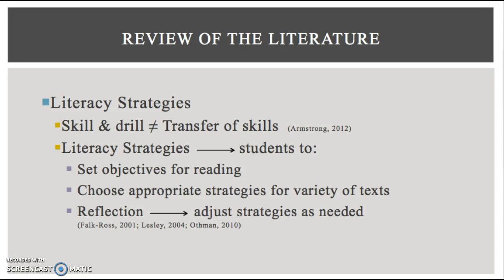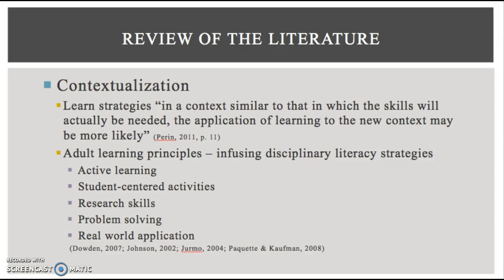So we know that skill and drill does not work, especially in developmental reading courses. And so we want students to use literacy strategies as they're reading. And we know one way for students to learn those literacy strategies is through contextualization.